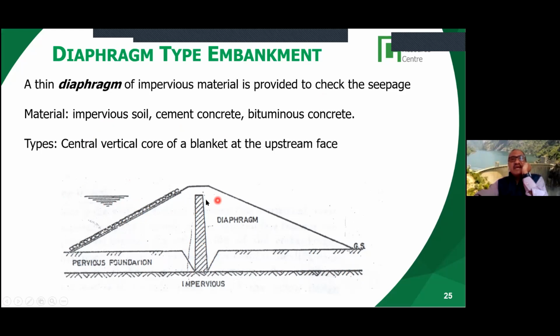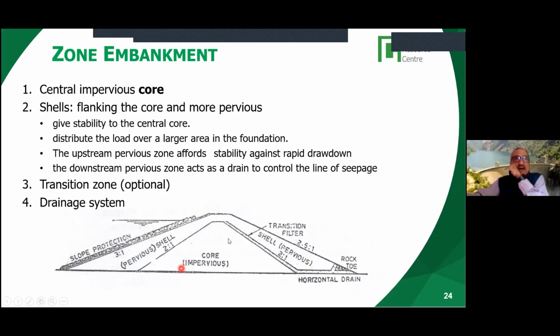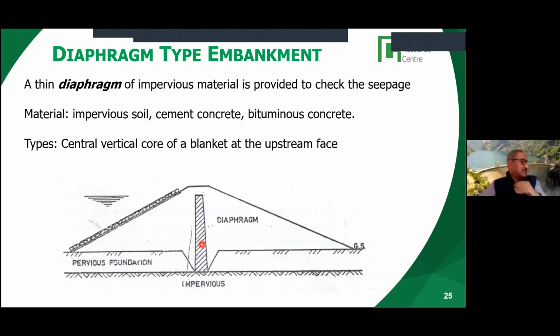So it really creates a thinner layer. The impervious core is a little bit wider and thicker, whereas the diaphragm is thinner, and because it is more impervious cement material or bituminous concrete, it really helps to check the seepage.